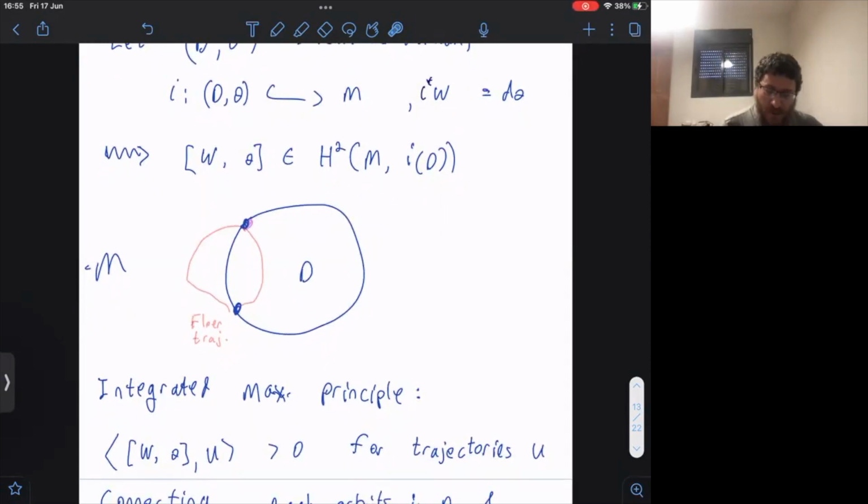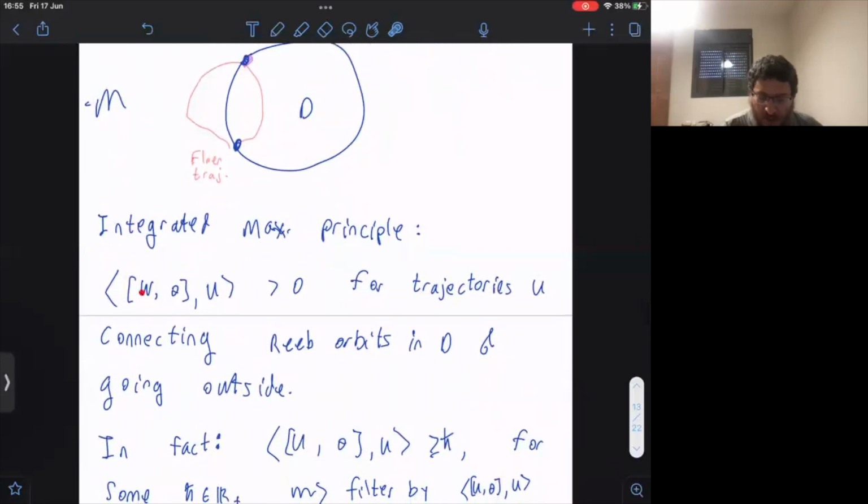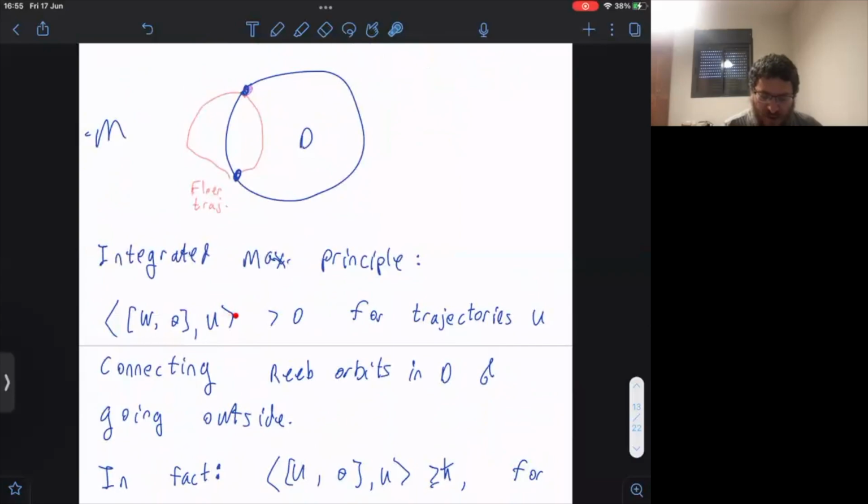So now the integrated maximum principle tells us that for Floer trajectories which go outside, we can integrate this relative class on them, and the integrated maximum principle says that this thing is always greater than 0.